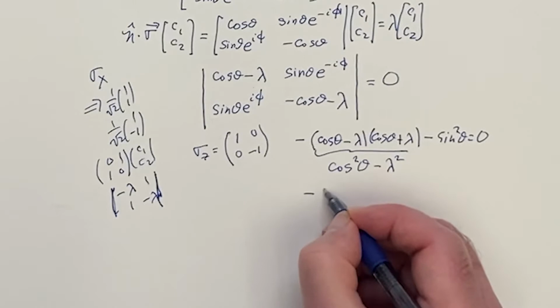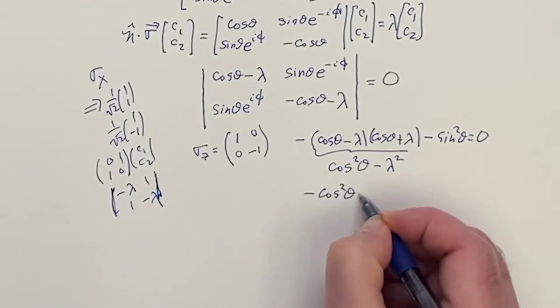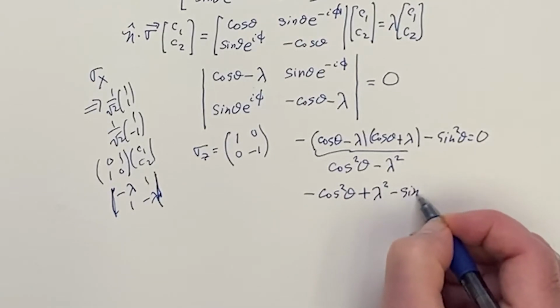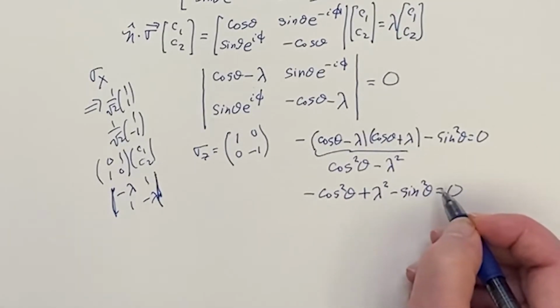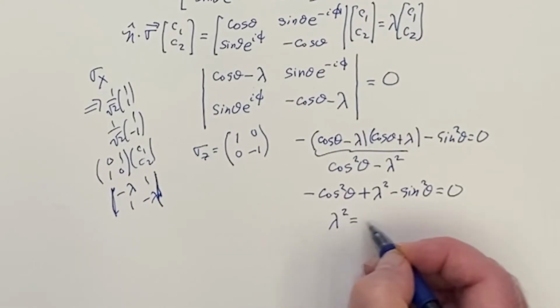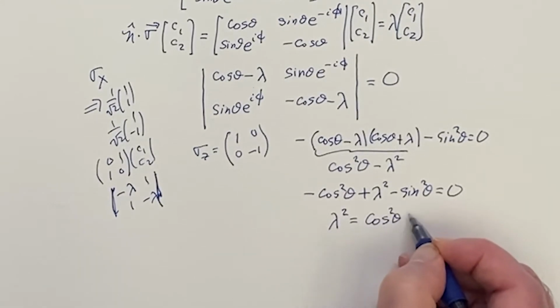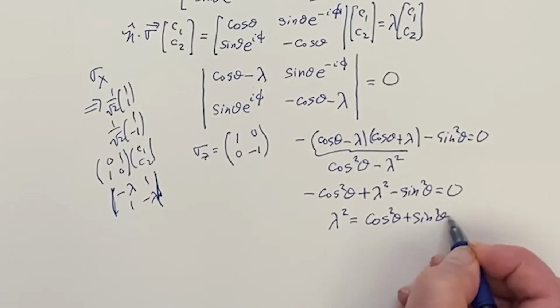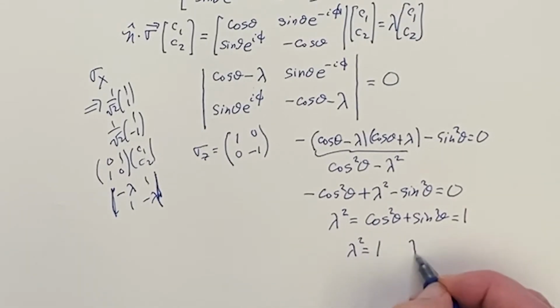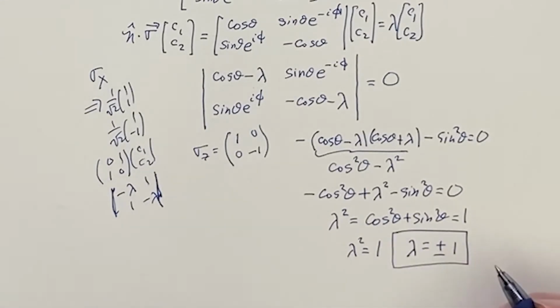We have minus the cosine squared theta plus lambda squared minus sine squared theta equals 0. And that means lambda squared equals cosine squared theta plus sine squared theta, which is 1. Oh, that's wild. Look at that. In a general case, we're getting a similar result, the eigenvalues plus and minus 1, which is cool.